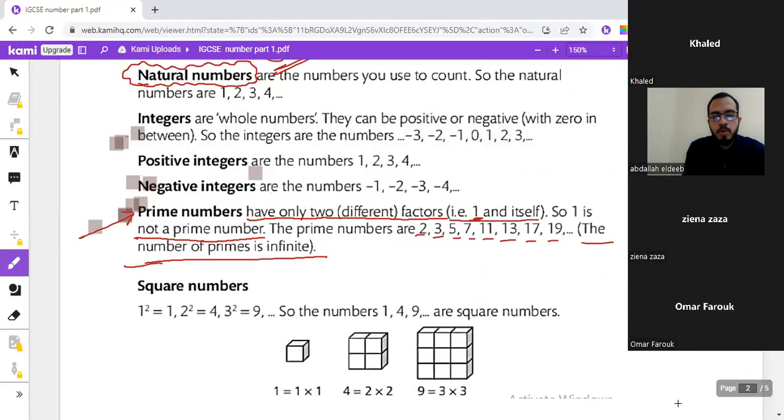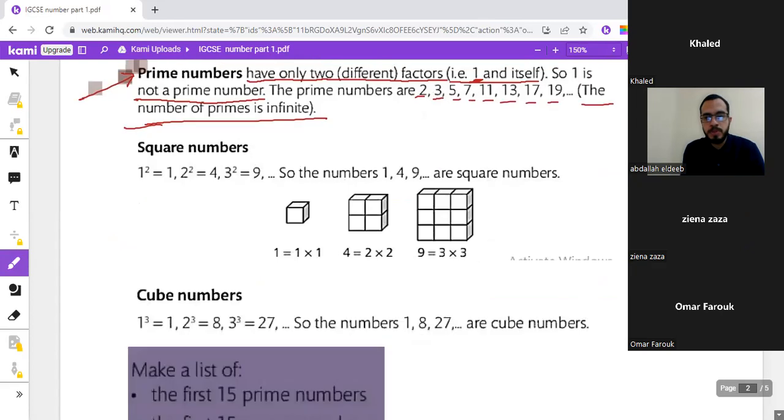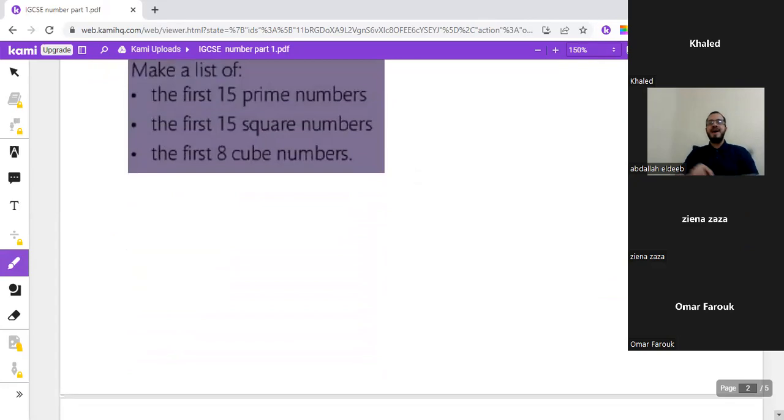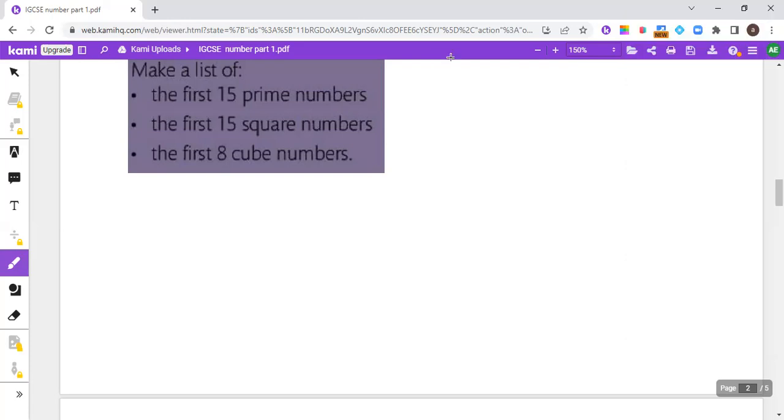Here we go. We have the square numbers and the cube numbers, and we're done. Now we have a task for you. Are you ready? Okay. Here, this is a question. Make a list of the first 15 prime numbers, the first square numbers, the first 8 cube numbers. Please solve in your copybook, and after you finish, make a picture and send it to me on WhatsApp, and you have like 7 minutes.